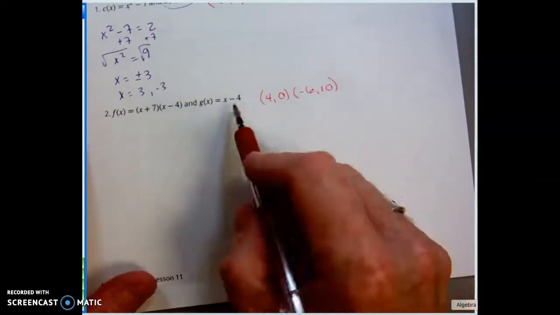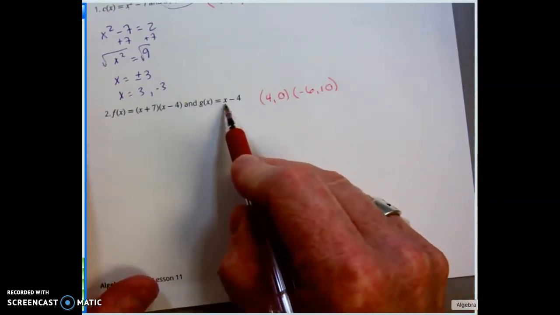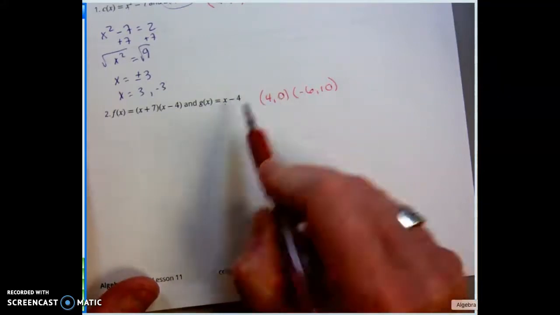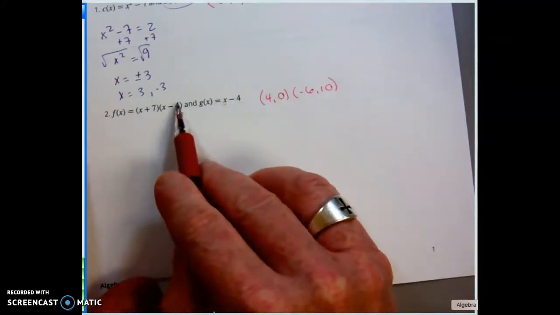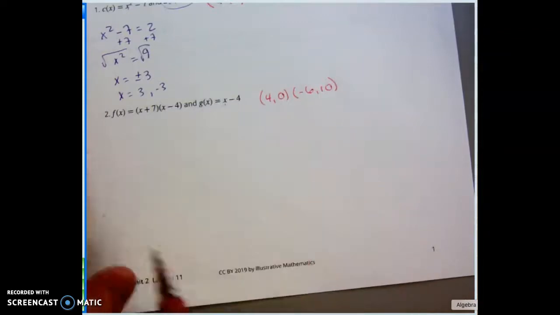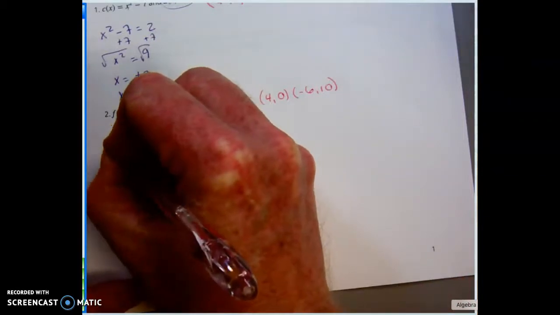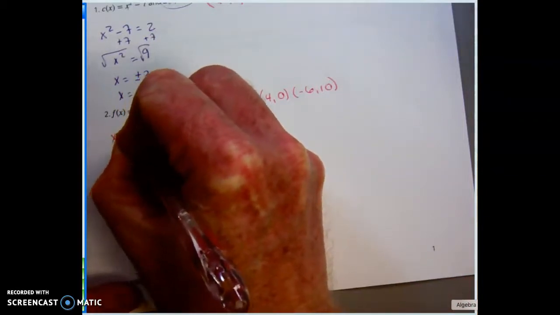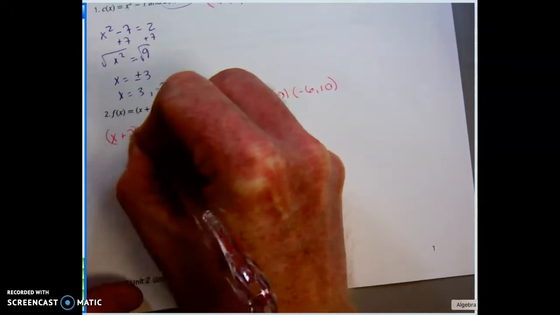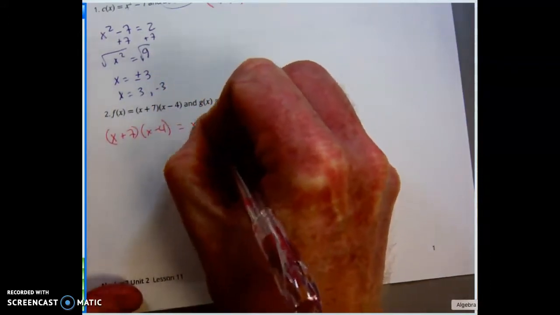Now, I expect that (4, 0), because if I plug in 4 here, the function is going to be 0. Or if I plug it in here, since that x minus 4 is in both of these equations, that makes sense to me. Or I could set them equal to each other. x plus 7 times x minus 4 equals x minus 4.